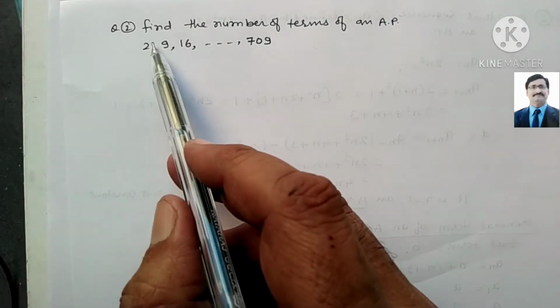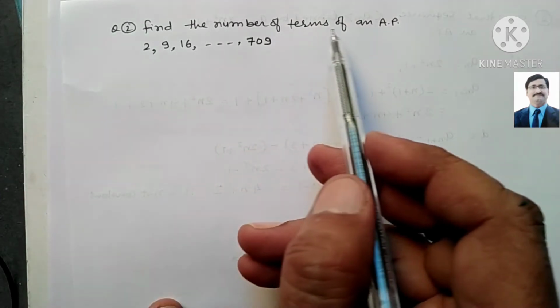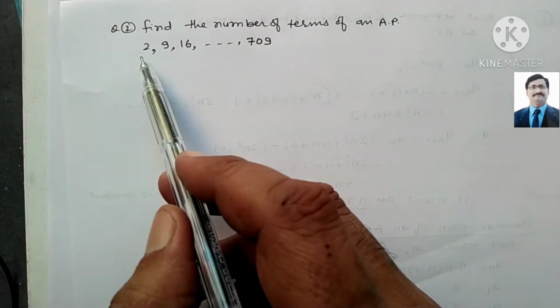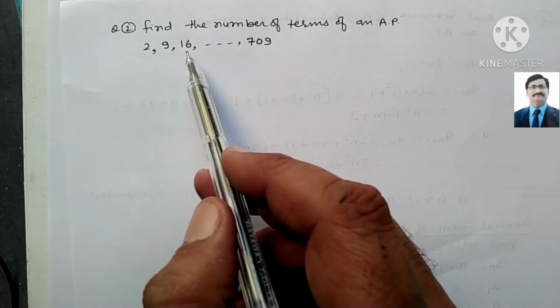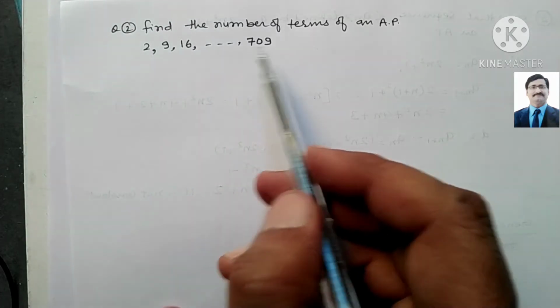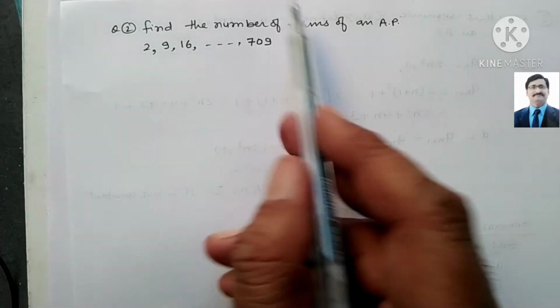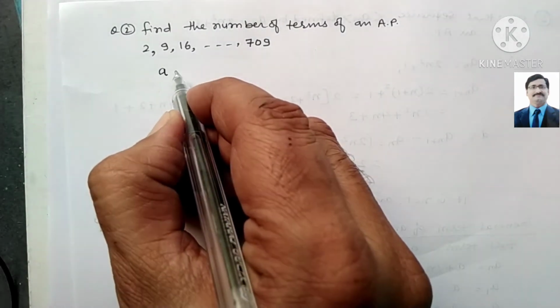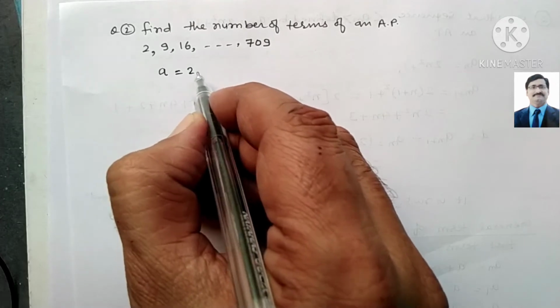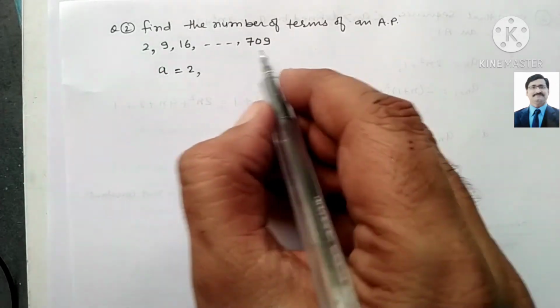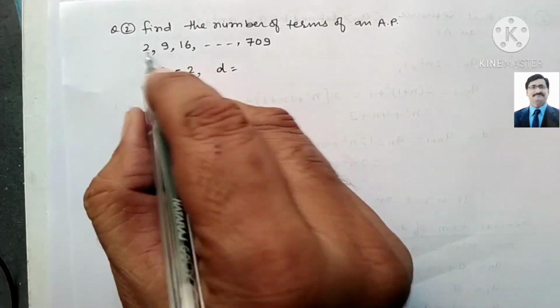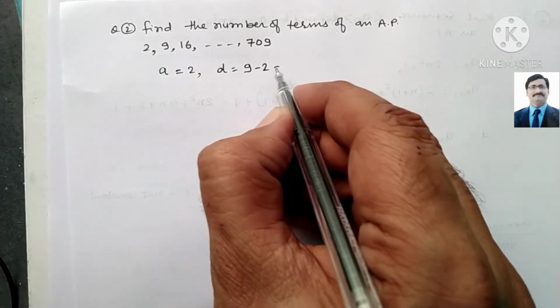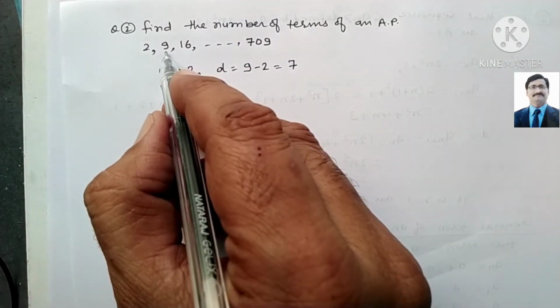Look here all of you, we have to find the number of terms of an AP. Here the terms are 2, 9, 16 and dot dot dot 709. These are in AP, and we have to find the number of terms. The first term is 2, and the common difference D is 9 minus 2, which is 7, and 9 plus 7 is 16.